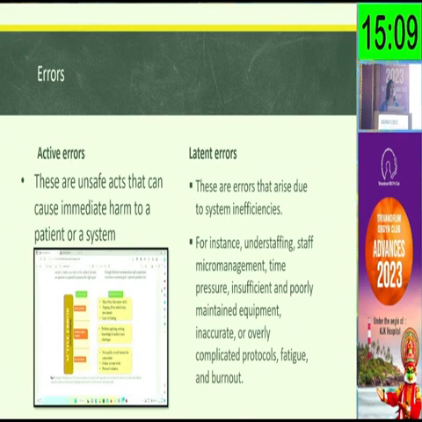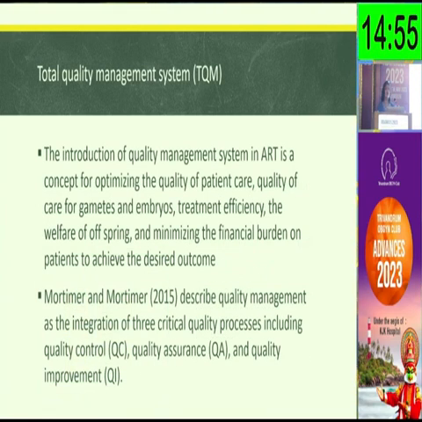There are two types of errors: the active errors, which are unsafe acts that cause immediate harm to the patient or the system, and the latent errors, which arise due to system insufficiencies. When we want to avoid errors and improve our system, we need to have a collective total quality management system.